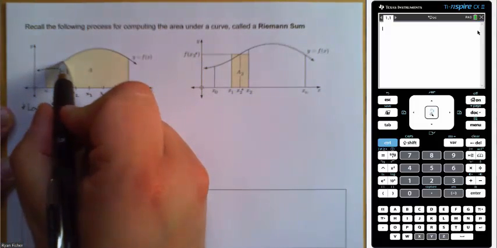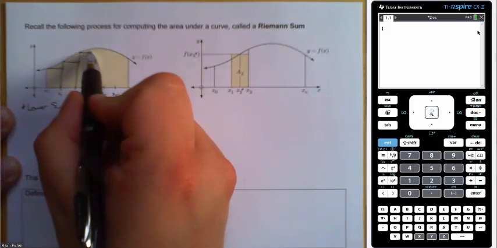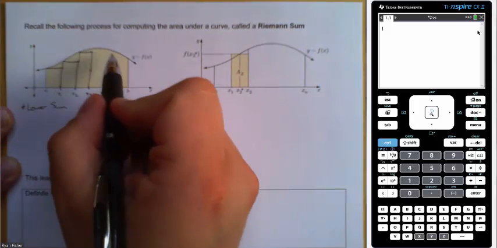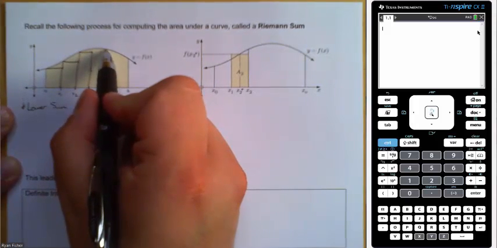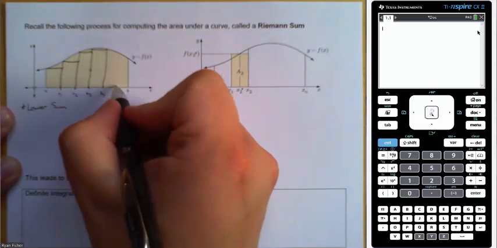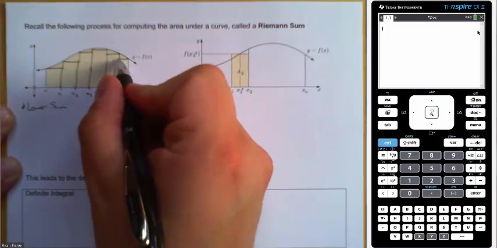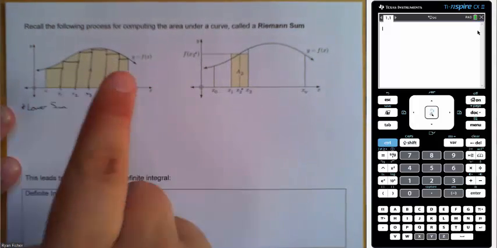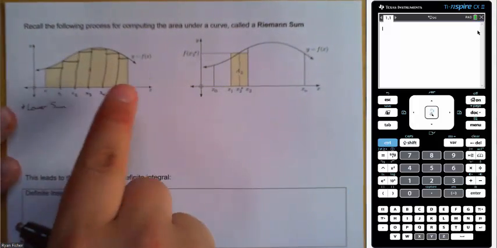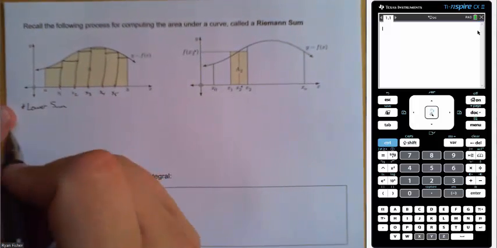And the minimum value of this next interval is somewhere in here, and here, and then something like this, and then somewhere in here, and then here. Riemann said this is one way to estimate the area under the curve using a sum, using these lower sums. We're choosing the output that's the minimum in each of those intervals.